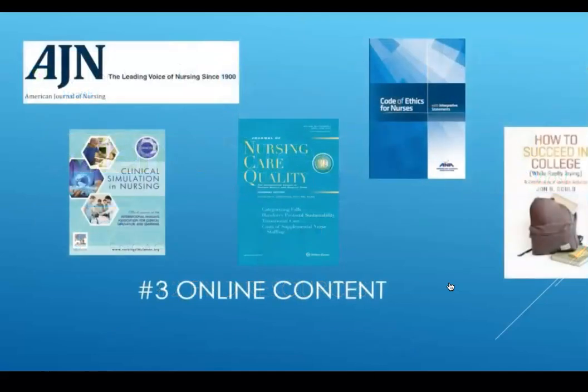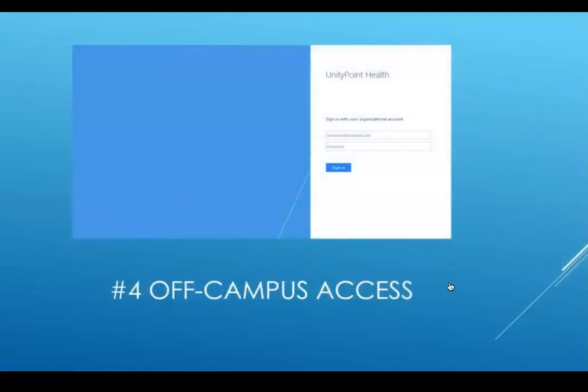Number 3, online content. In the information age, most of the library's resources are online. With the library, you have access to hundreds of thousands of e-journal articles and dozens of e-books, including important works like the Code of Ethics for Nurses. Number 4, off-campus access. Since the majority of the library's resources are online, you can do library research anywhere you have an internet connection.